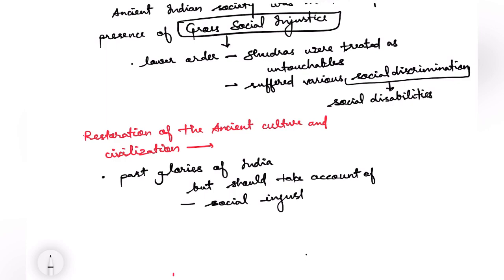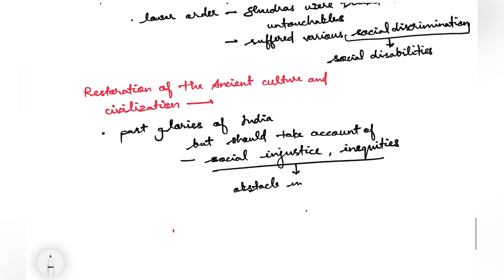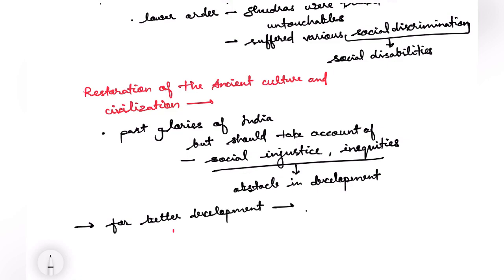These social injustices and inequities are actually an obstacle in the development of the country. So for better development, we must know about these social inequities, and then we have to make sure that they are not revived.